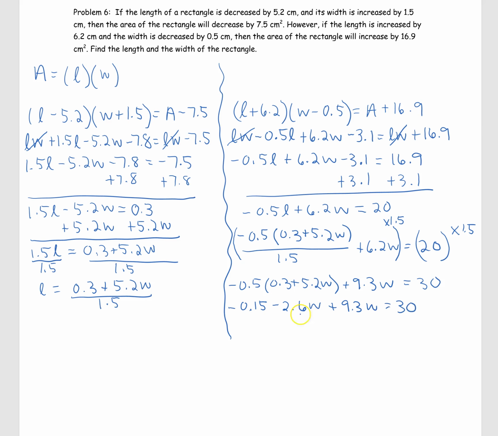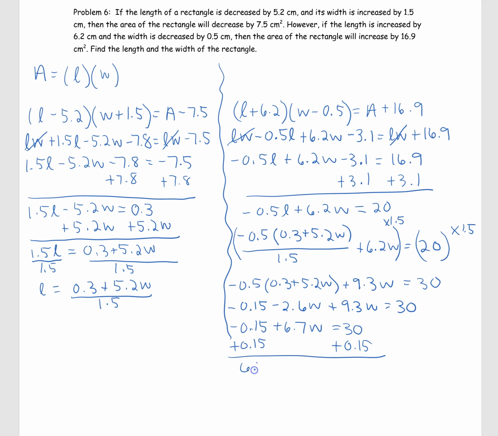So then combining my terms with W in it gives me negative 0.15. Negative 2.6 W plus 9.3 W is positive 6.7 W. That equals 30. I'm going to add 0.15 to both sides of my equation.